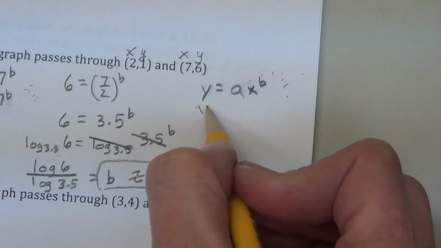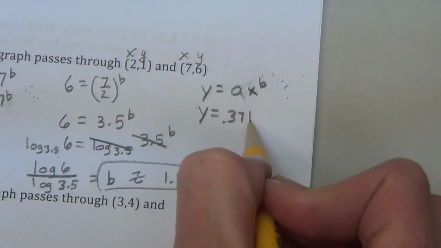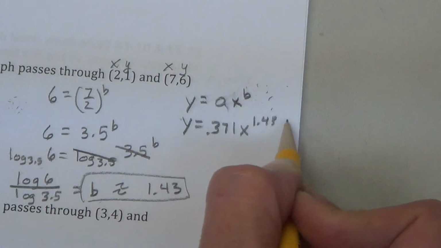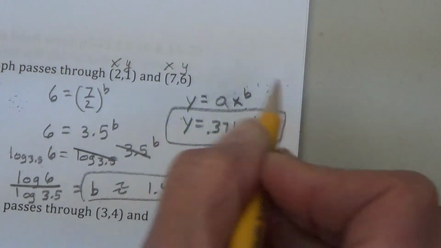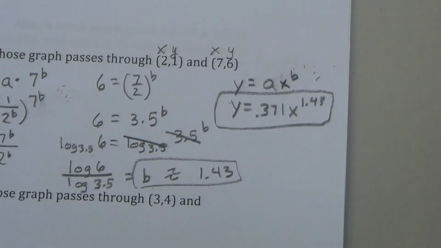We plug in the A value, 0.371, X to the 1.43. That's how you want to leave it, so that you're telling me what that function equation really is.